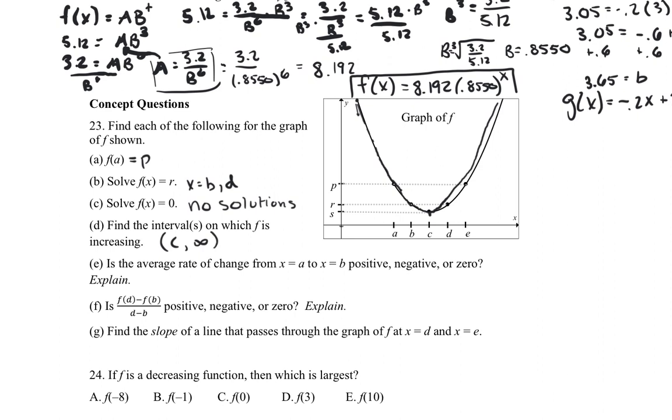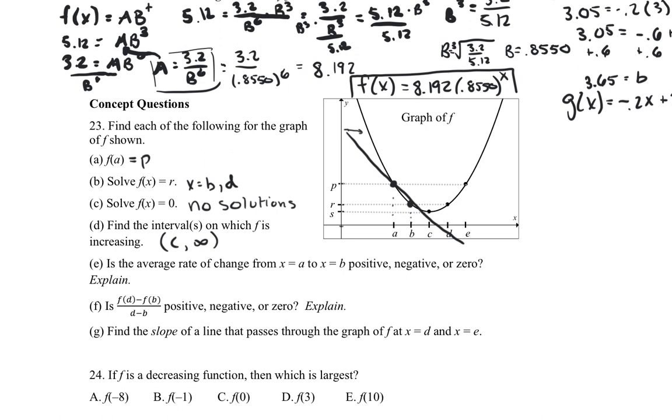Is the average rate of change from x is equal to a to x is equal to b positive, negative, or 0? So a to b. If we go up, a is here, and b is here, and we're going to draw a line going between them. If I look at this line, I can tell that it has a negative slope, because as I go across the line from left to right, it's going downwards in y value.